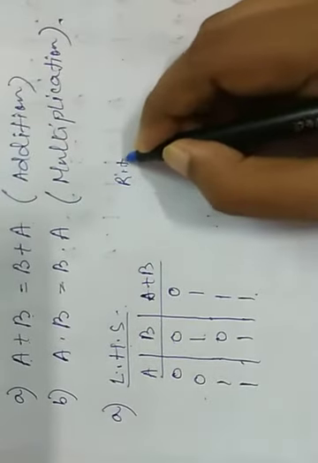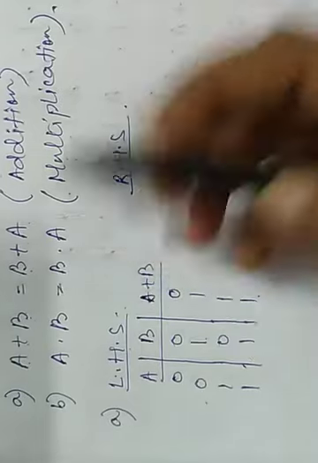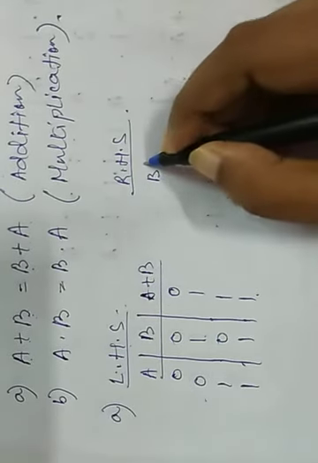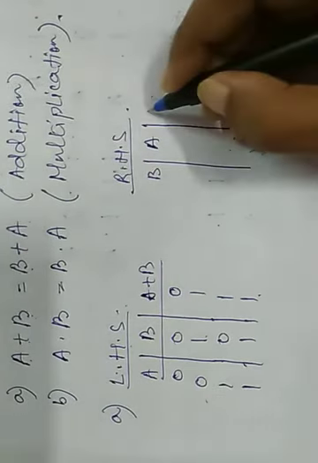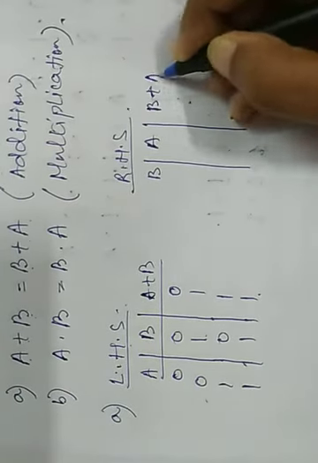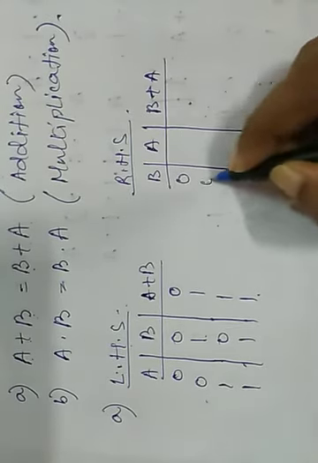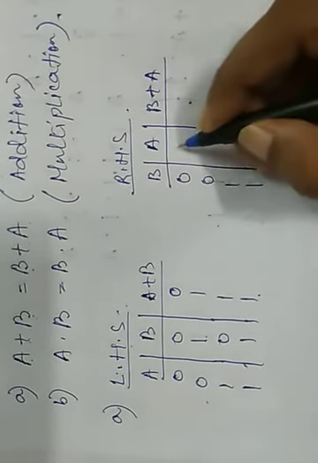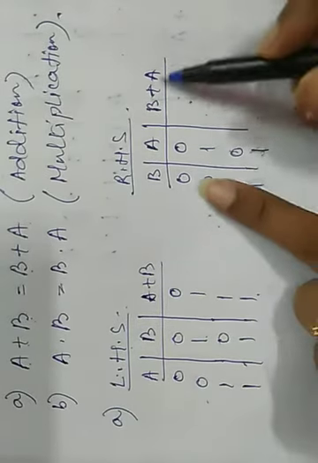Now for the right hand side, our right hand side is b plus a. So we have to write b in the first place and a in the second place. Then we have to find out b plus a. So here b value is 0 0 1 1 and a value is 0 1 0 1. Now do the b plus a operation.